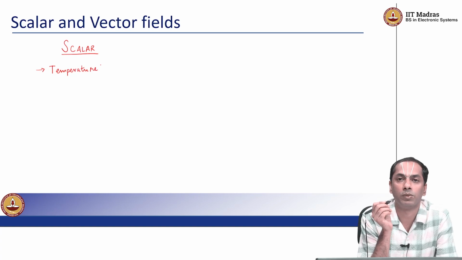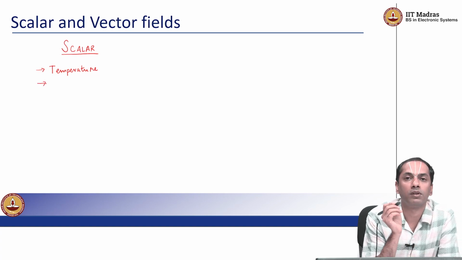It could be the temperature map around you, it could be the temperature map over an entire city, or maybe even across cities in a country, right? So for every location x comma y comma z, I can associate a particular local temperature.